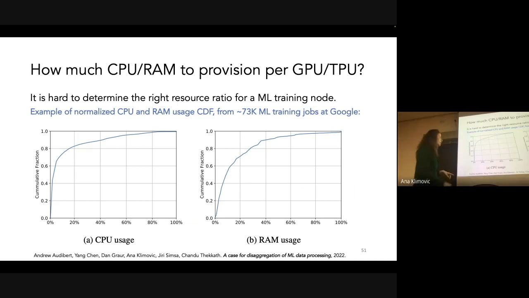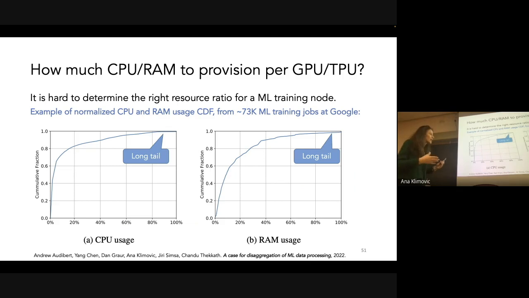So the way you should read this graph, it's a CDF. The way you should read this graph is this 100% was the job that consumed the most CPU cycles. This was the job that consumed the least, and this is where the other jobs fit in between. And the point here is that there's a relatively long tail.